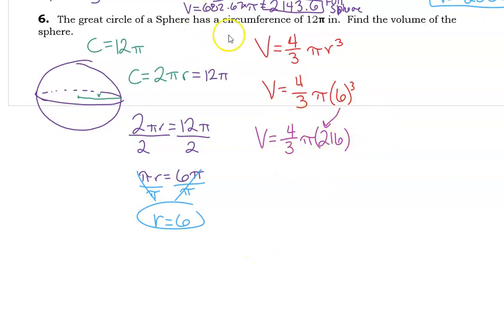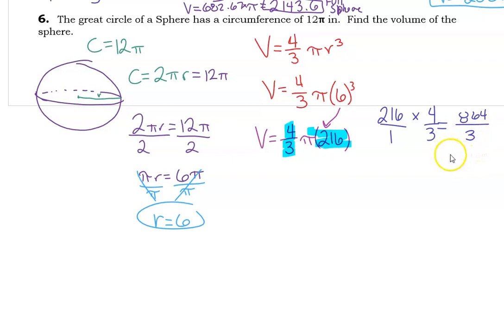Now let's multiply my two numbers together so we can get that pi alone. Just ignore the pi for now. So 216 times 4/3. I'm going to put 216 over 1 so I can multiply across. So 216 times 4 is 864. So that's going to be on top, over 1 times 3, which is 3.